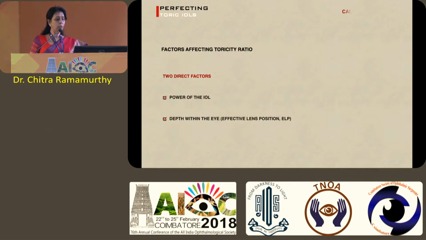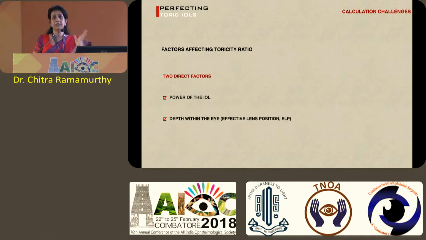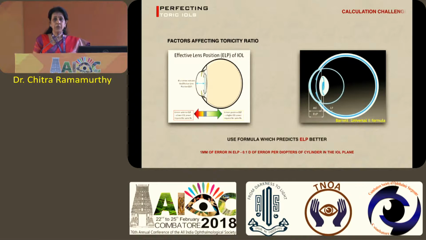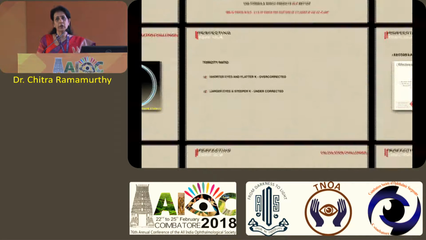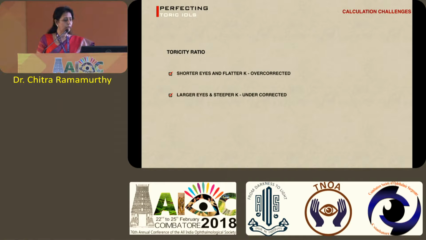So in other words, what are the factors which affect this toricity ratio, which is a small component, but everything adds on to your accuracy besides doing an optimal surgery. So one is the power of the IOL, and one is the effective lens position. And believe me, if your effective lens position is not accurately noted, 1 millimeter of error trickles into a 0.1 diopter of error in your final toric IOL power.